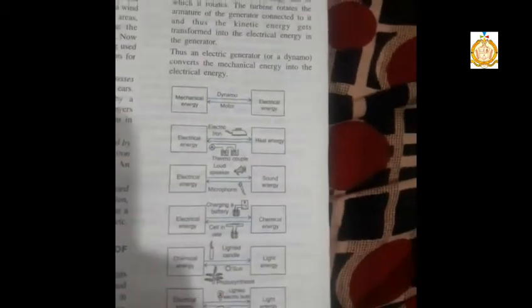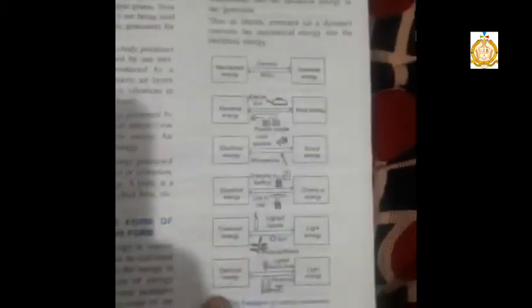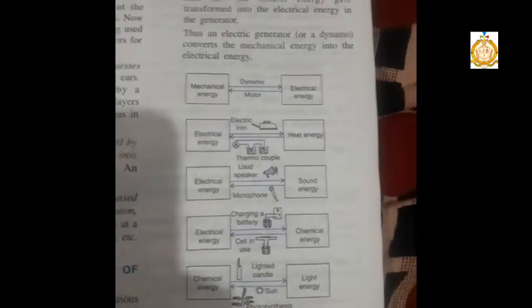So conversion of potential energy to kinetic energy and some other conversions are there. Try to read this topic, and if you have a doubt, there are all different types of energies which we discussed in the 9th class also. If you have a doubt, you can ask me anytime freely. This diagram is also very important because the energy conversions are there.